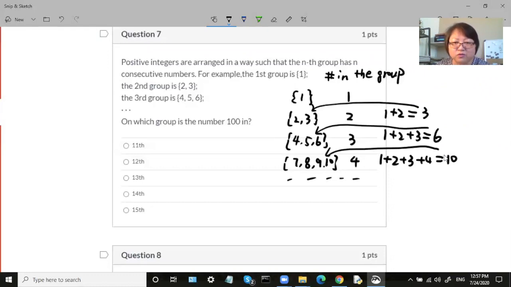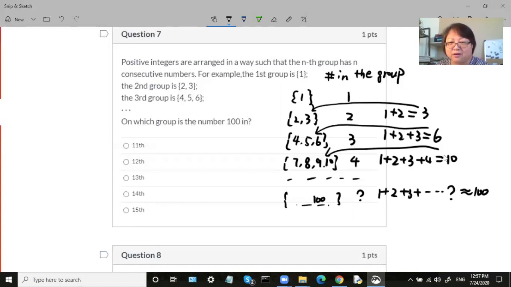Let's say we have a group that contains 100, but we don't know which group it is or how many numbers it has. We need to do the same thing: 1 plus 2 plus 3 plus a question mark should be close to 100. So what is this question mark?